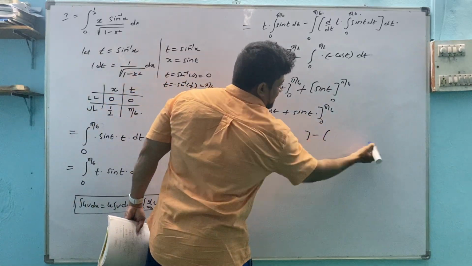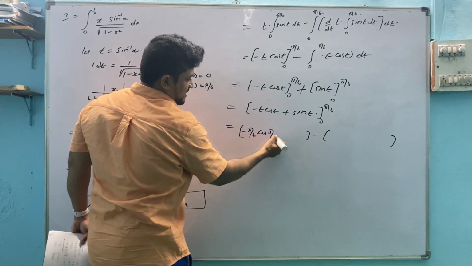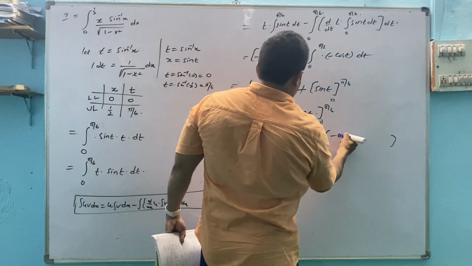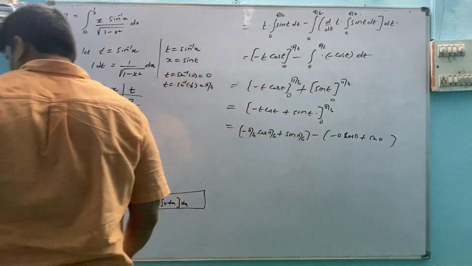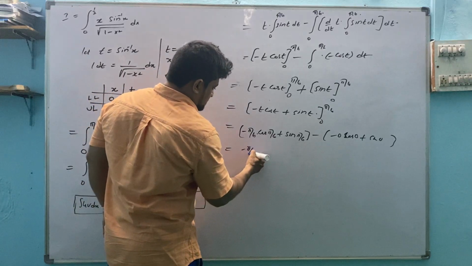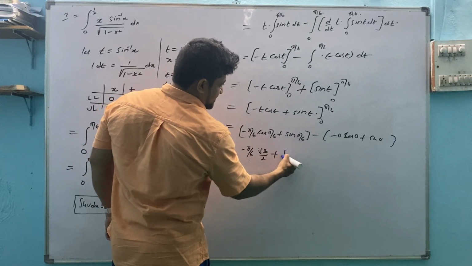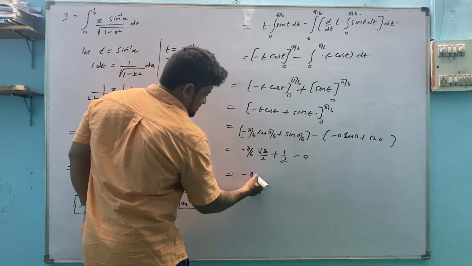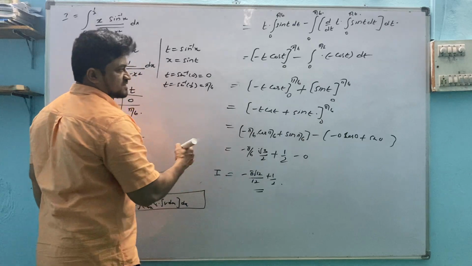In the first bracket substitute pi by 6 in place of t, then 0 in place of t. Cos 30, sin 30, so we get minus pi root 3 by 12 plus 1 by 2. This is the answer for I.